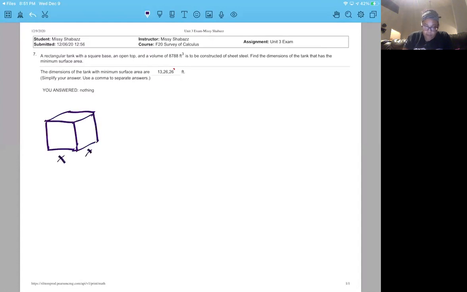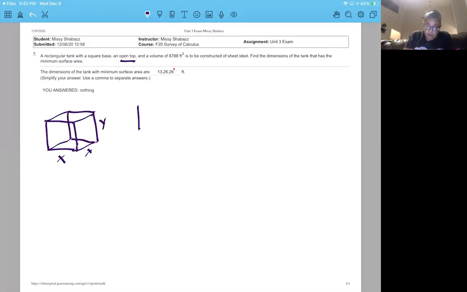So both of these lengths are the same. And we'll call the height y. And they tell me that the top is open, so I don't have a top, I just have a bottom.